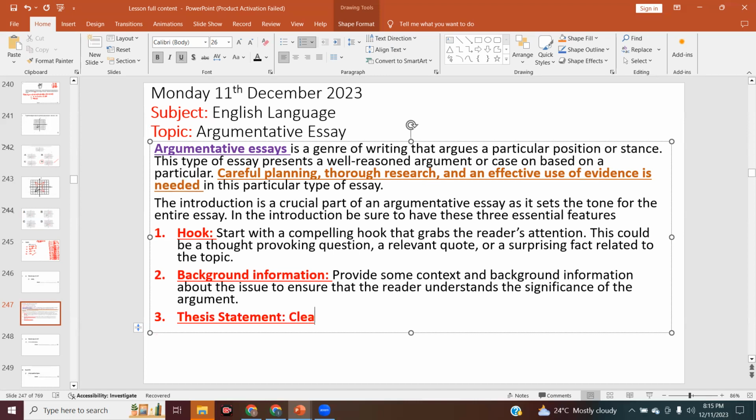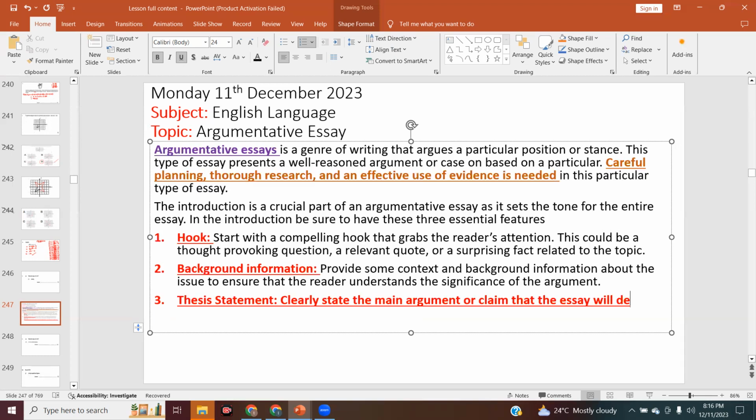You want to clearly state the main argument or claim that the essay will defend.